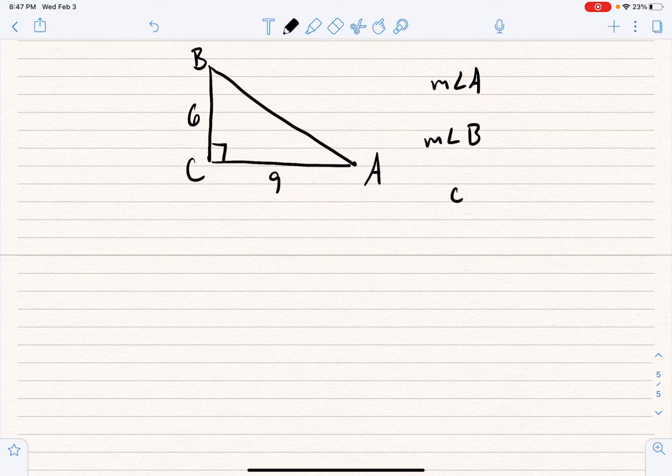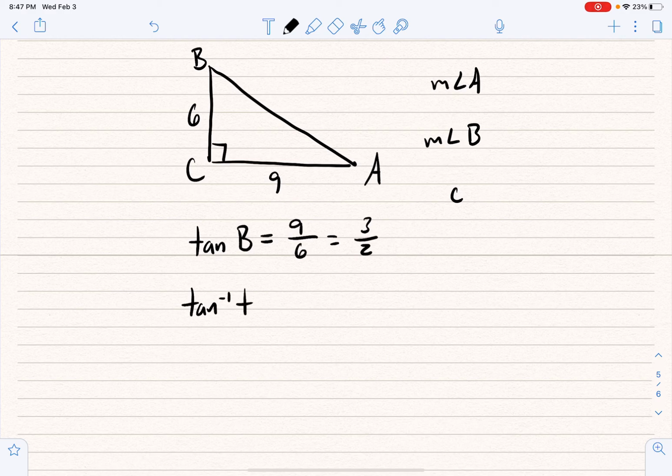Okay, for this one, you can use tangent of either angle. It doesn't matter. So for the sake of being different, I'll say tangent B is opposite over adjacent, which reduces down to 3/2. That doesn't make any difference, but it's opposite over adjacent. So then I know the inverse tangent of tangent of angle B is going to be equal to the inverse tangent of 3/2.